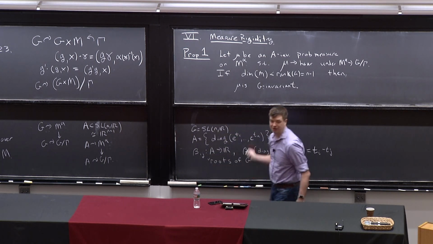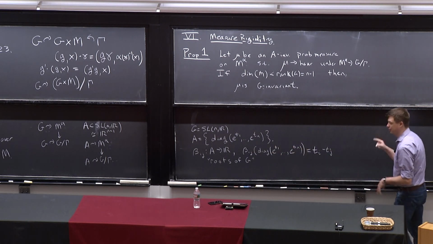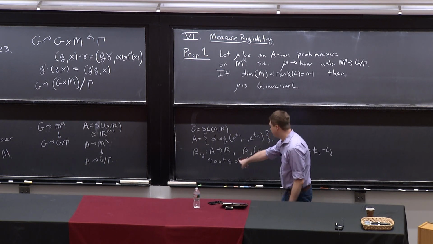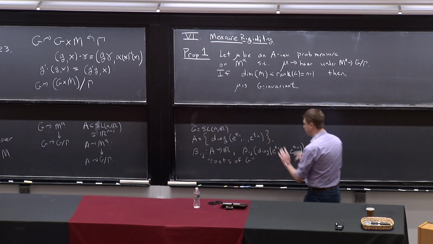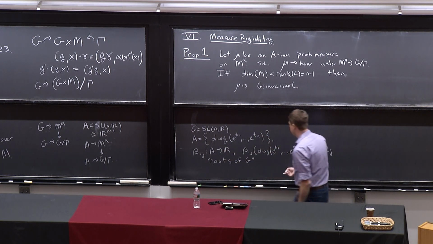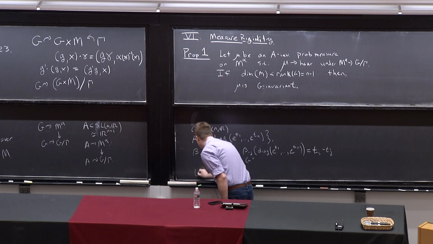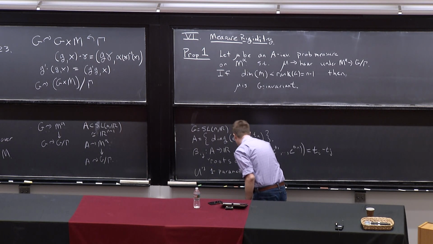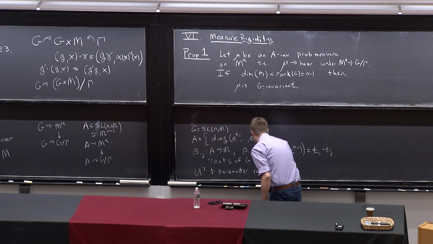And I'll be sloppy about whether I'm in the Lie algebra or the group and whether I'm taking exponentials or logs. So here are some linear functionals on A, and they come from the structure theory. And associated to each of these is a one-parameter unipotent group, Uij. This is the one-parameter root group.